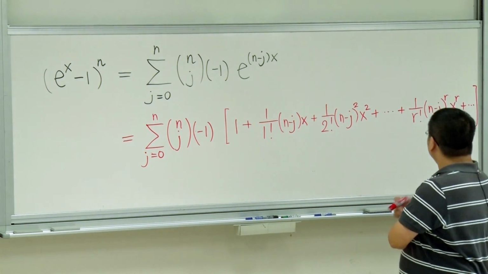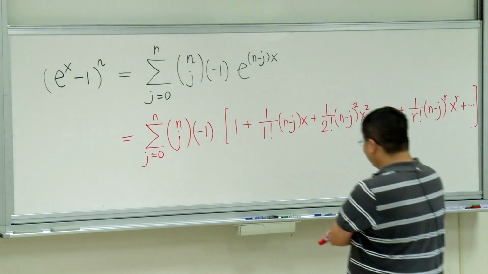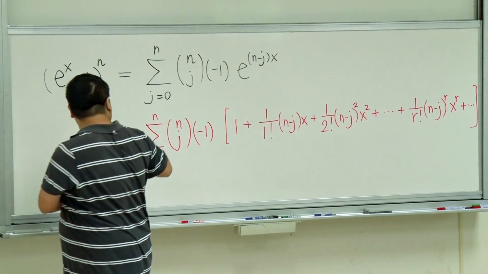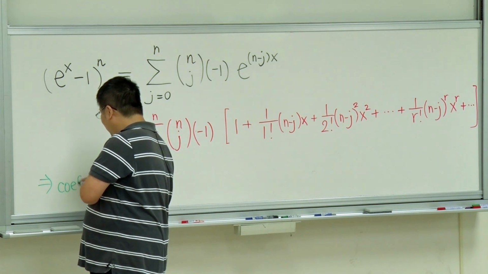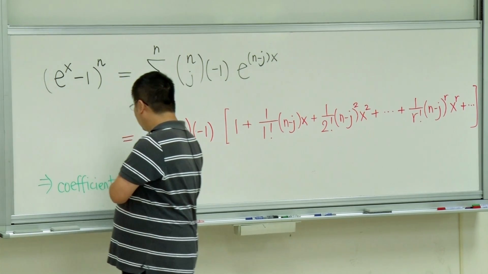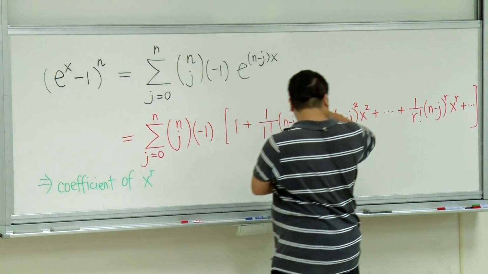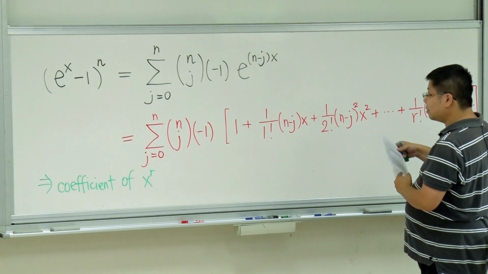Okay. So what is the coefficient of x to the power r? Do we know? So this is the answer that we want. Let me see if I'm missing anything.